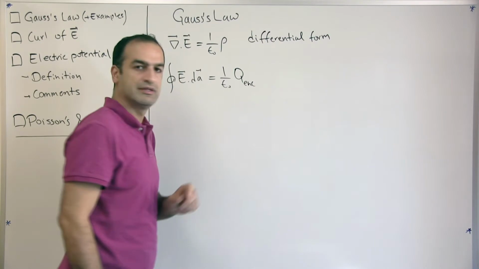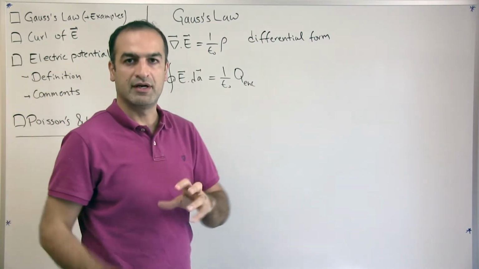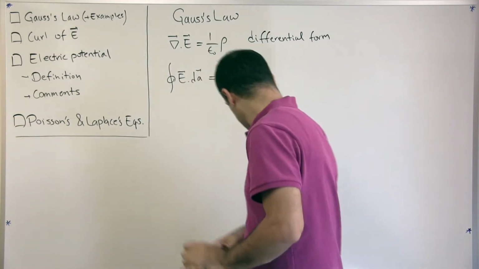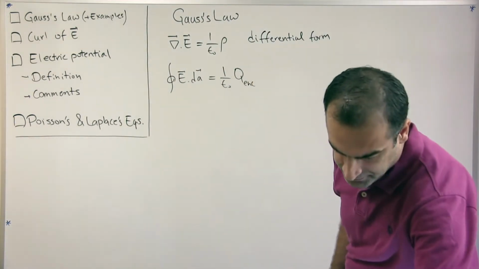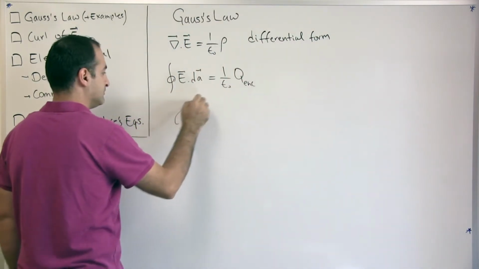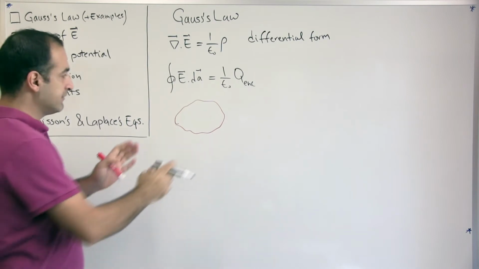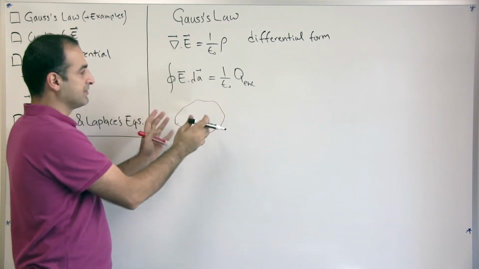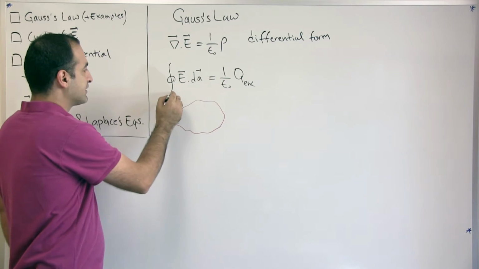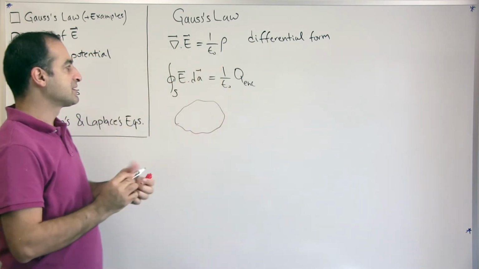And Q enclosed here refers to the total amount of charges within that surface, okay? That means if you have any random volume, you can look at the surface. If you have this volume, the surface is going to be a closed surface. If you integrate E dot dA, that should be 1 over epsilon 0 times Q enclosed.